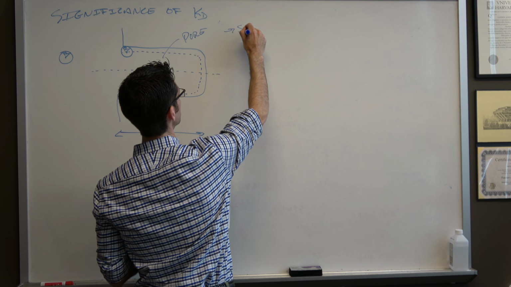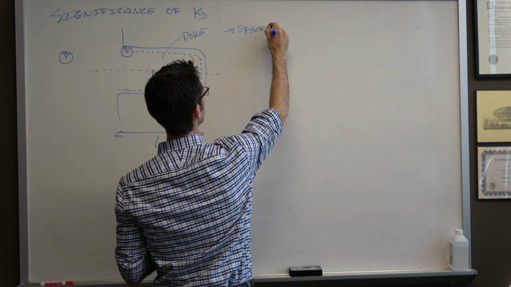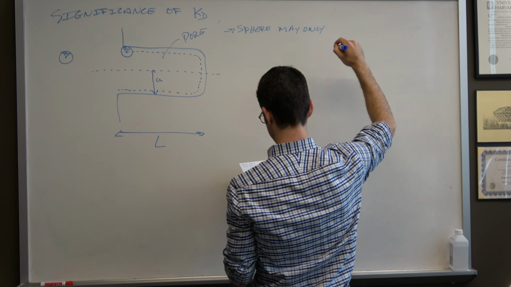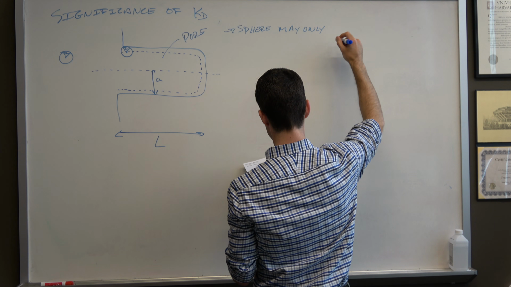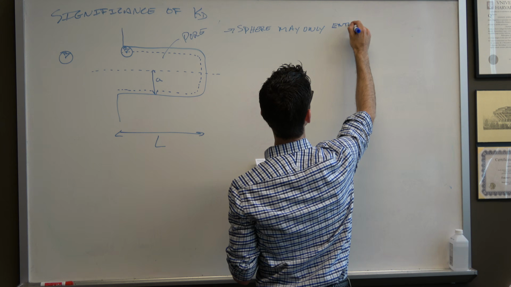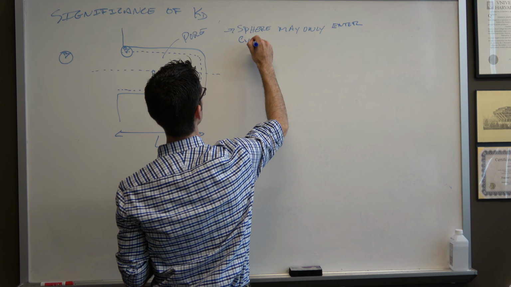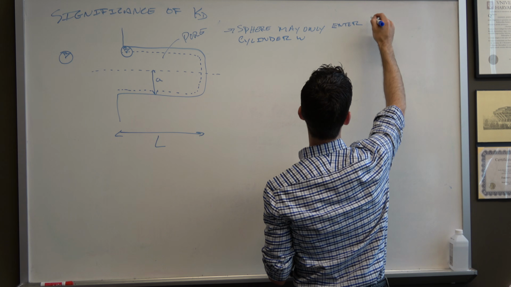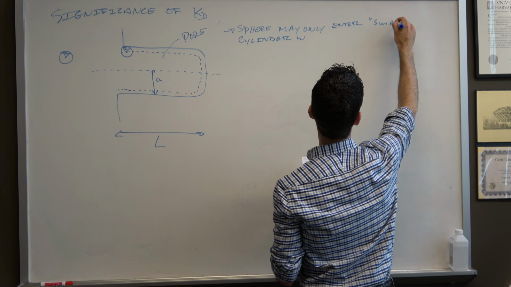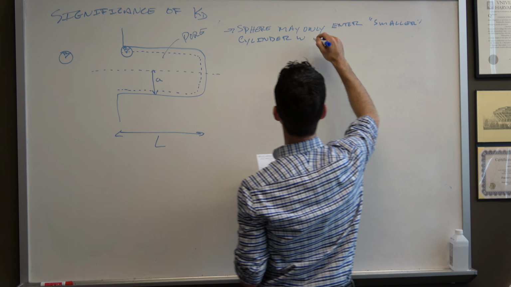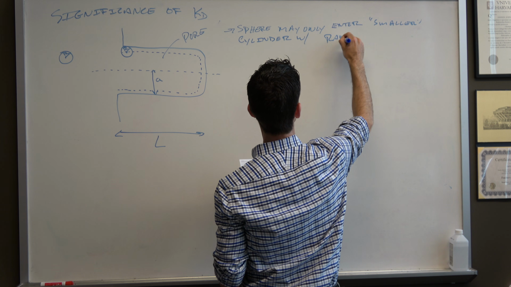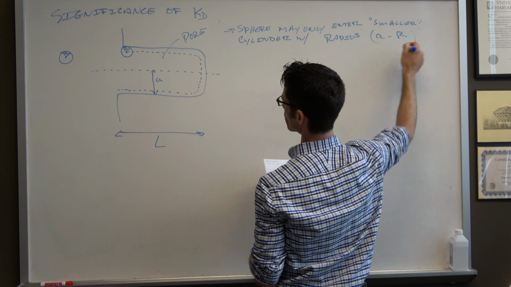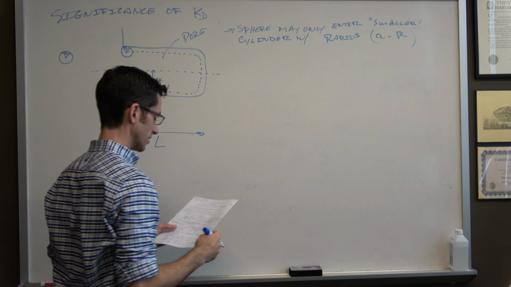So the sphere may only enter a smaller cylinder with radius A minus R, which is this dotted cylinder.